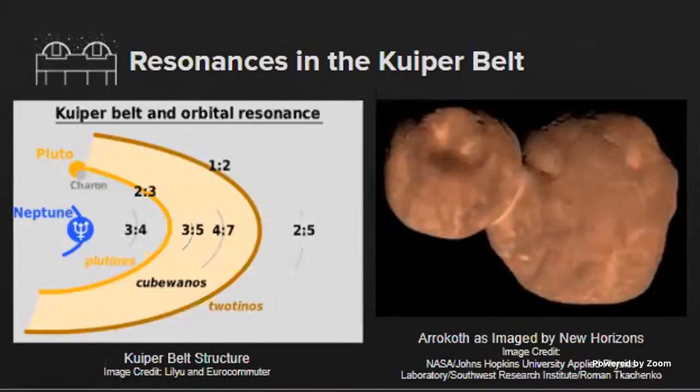An object in the Kuiper belt is only able to remain there if Neptune's gravity does not interfere with its orbit. So many Kuiper belt objects have to be in orbital resonance with Neptune. For example, the Plutinos are a particularly stable group of Kuiper belt objects that form in the inner part of the belt and orbit the Sun twice for every 3 orbits that Neptune makes.